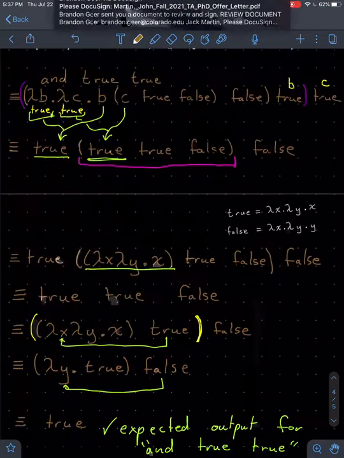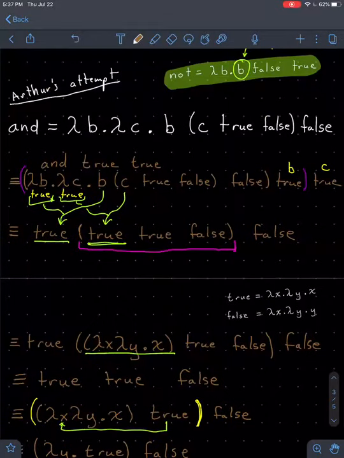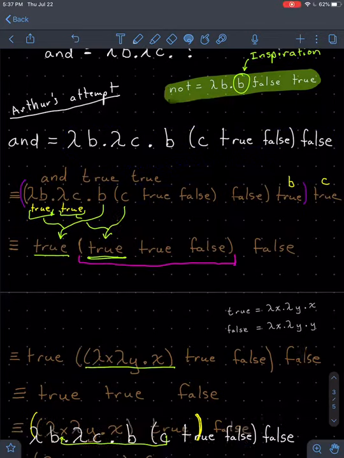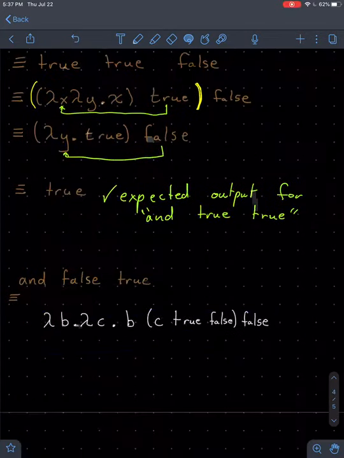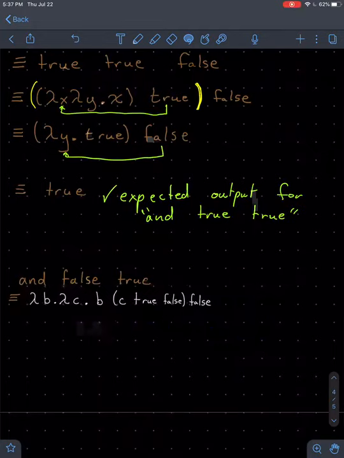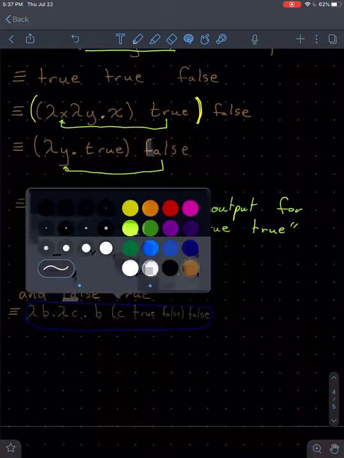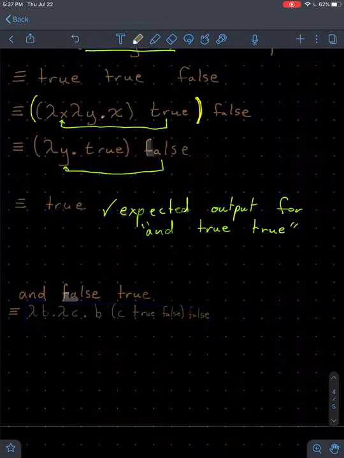Let's do the same thing again, where all we do is sub in the definition for and to start with, and we'll start applying stuff. Let's do that first. Just copy it down here, make it a little smaller maybe, and change the color. And this is applied to false and true.